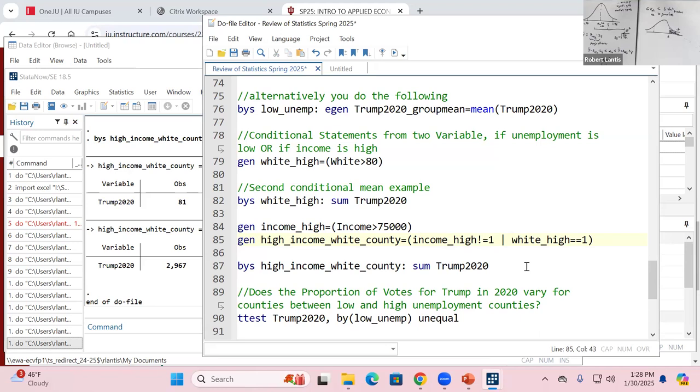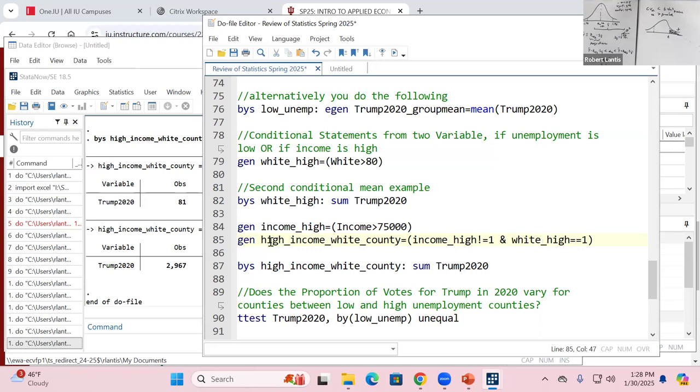So the syntax that you'll use if you ever want not equal to, there's not a not equal to sign on your keyboard, you would use exclamation point equals. That's not equal to. If I wanted to create this if this is true and this is true, instead of a vertical line, I'll just use my and sign, right?